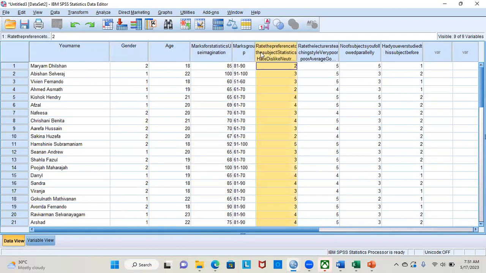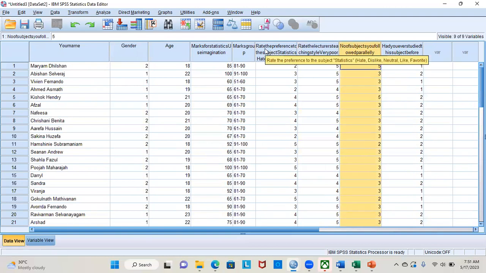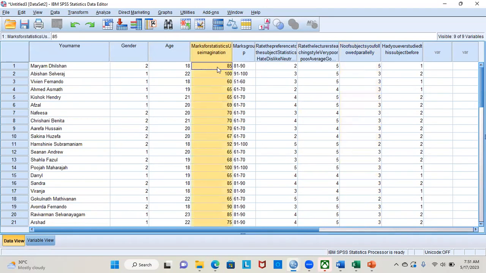Likewise, different types of variables are there. So I'm going to see whether the variable marks is approximately normally distributed or not. So how to check this?